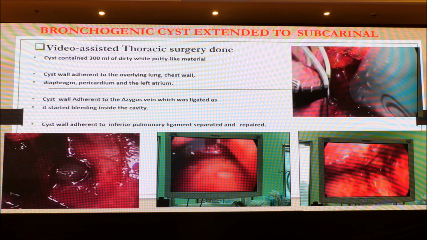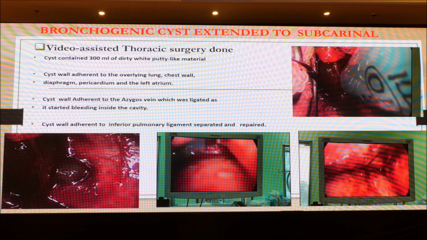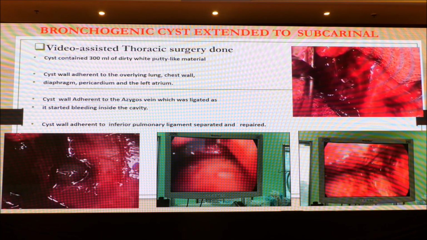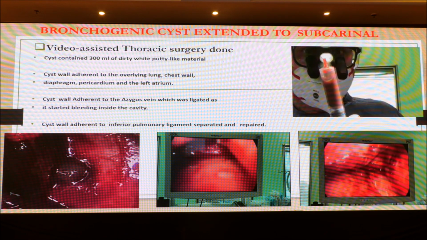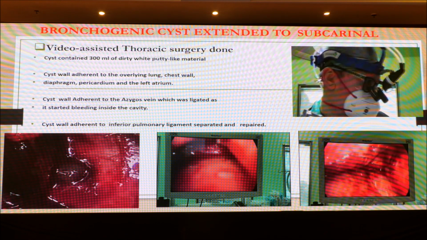the azygos vein started bleeding, and it was bleeding into the cyst cavity. So when we were trying to do the hemostasis from above, it was not possible because it continued to drain into the cavity of the cyst.